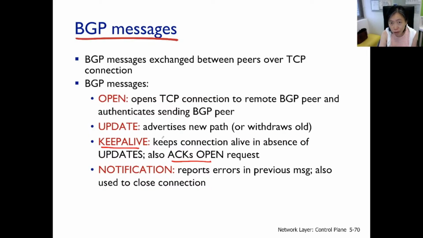The keep alive message is also sent periodically to refresh the TCP connection, just in case there are no update messages being generated. So update messages are the path advertisements. Last is the notification message. This reports any error in the previous message, and it's also used to close the connections for peers.